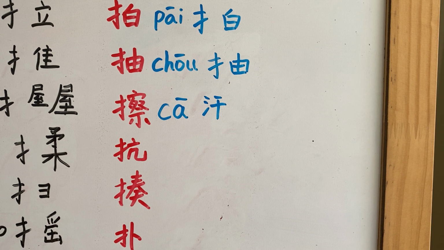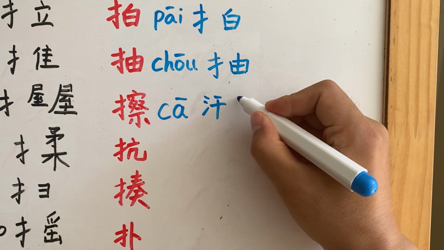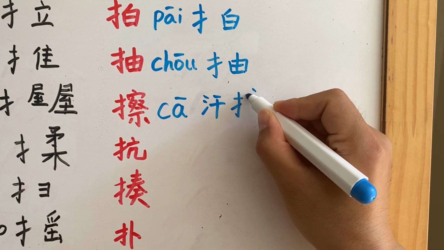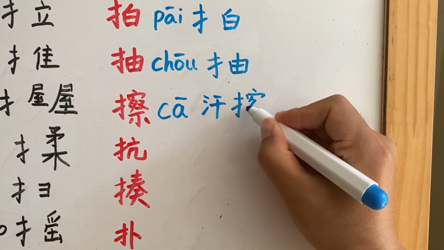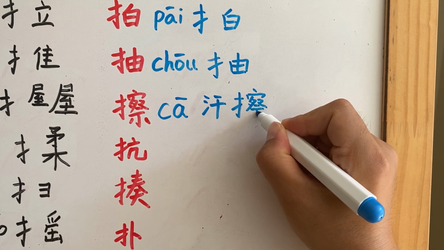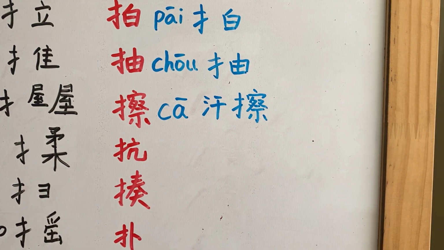You're very hot, right? Clean your sweat. 擦汗. So it's written like this. 擦, left part, the right part. Make sure you write this in the correct order, right?